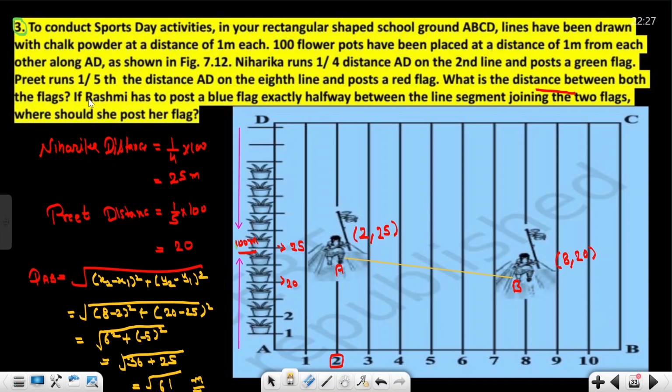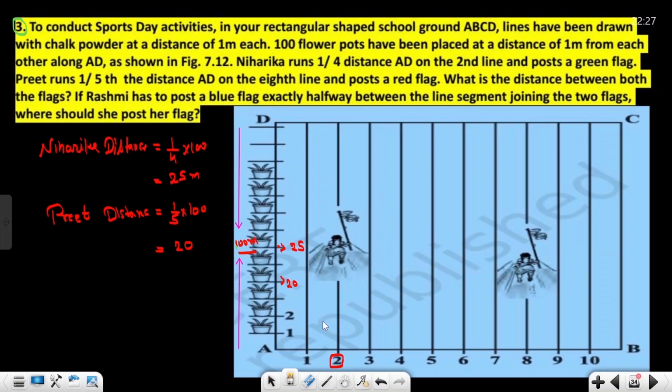The second part is: if Rashmi has to post a blue flag exactly halfway between the line segment. Exactly halfway means midpoint. We make the line again with both coordinates A and B. B coordinate is (8, 20) and A coordinate is (2, 25).